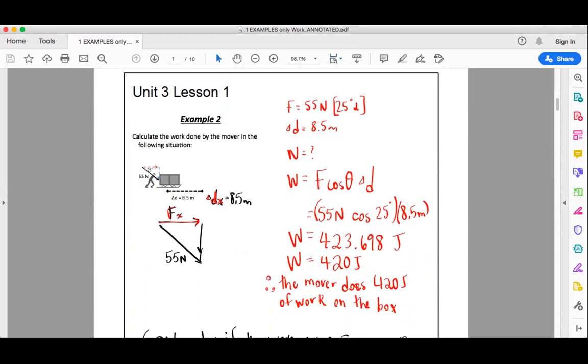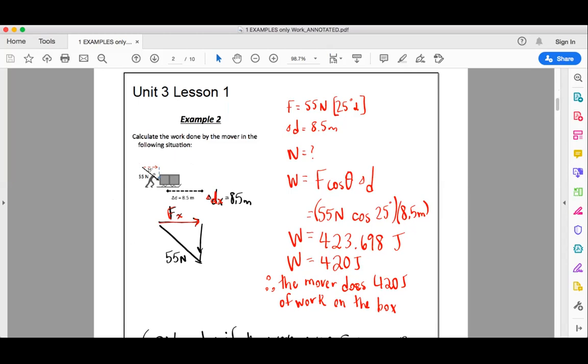So in the second example, we've got a mover that maybe is taller than the box on the sled, and they're pushing down at an angle that's 25 degrees down from the horizontal, and we're given their force, their strength is 55 newtons. So we're given 55 newtons at an angle of 25 degrees down. We're given displacement of 8.5 meters horizontally.